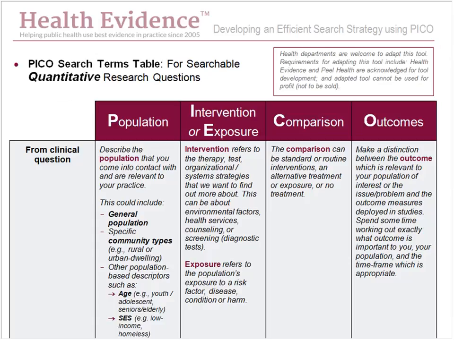And it's really just a table. It's a form that helps you to structure your question. So if you're not quite sure what you should be saying about the population, there are some examples or prompts there. Now, it does suggest that you're coming from a clinical question. That's just a specific of this tool, but it would certainly work in applied context as well, in community context.